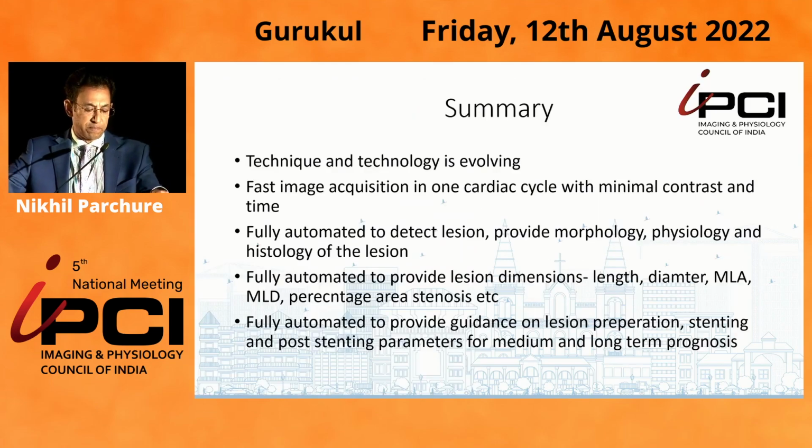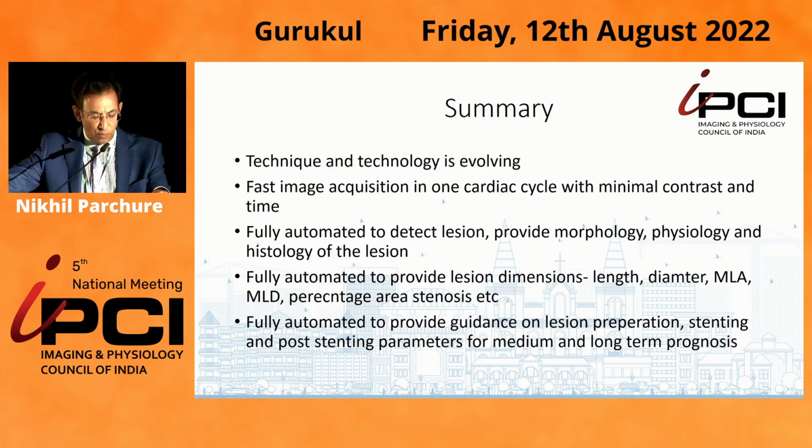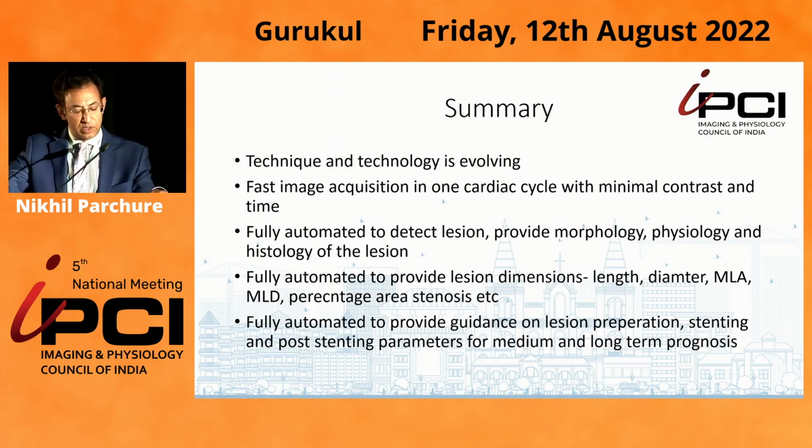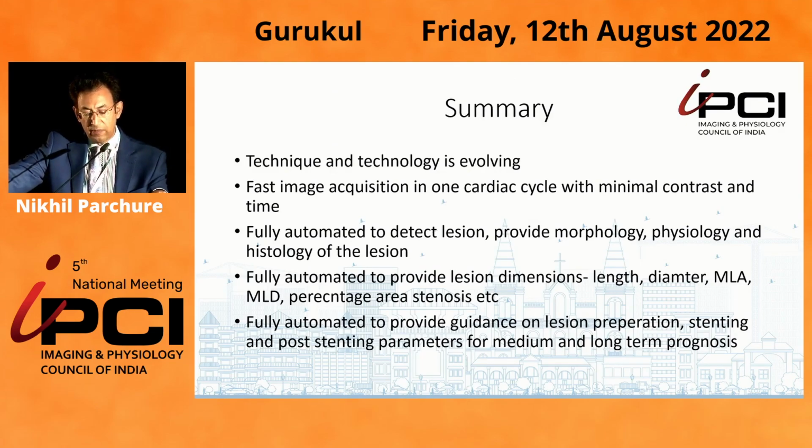So in summary, technique and technology is evolving. Fast image acquisition in one cardiac cycle with minimal contrast and time is going to happen. Fully automated to detect the lesion, provide morphology, physiology, and histology of the lesion.